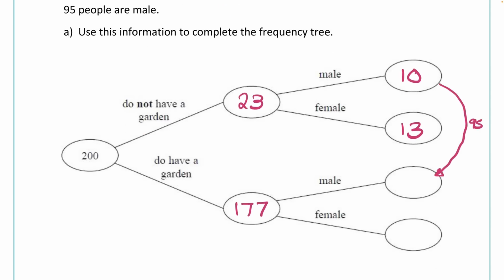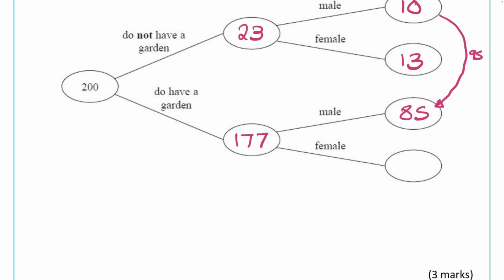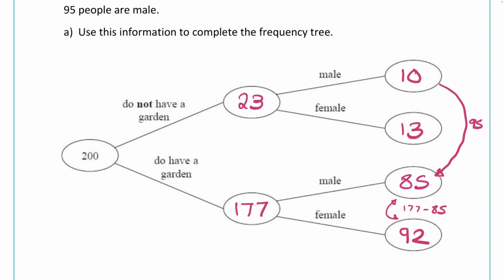These have to add up to 95, so therefore there must be another 85 down here. Again, just doing 95 subtract 10. We can then figure out how many females there are, because these two here have to add up to that 177. So I can do 177 subtract 85, again just on the calculator. There we go, and that gives me 92. We have now completed the frequency tree.